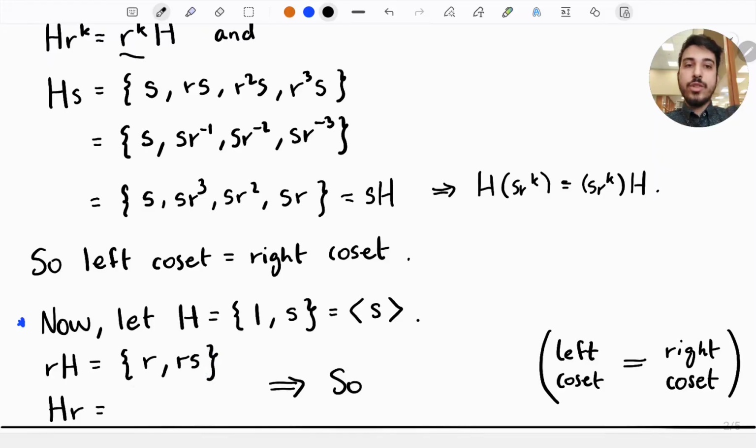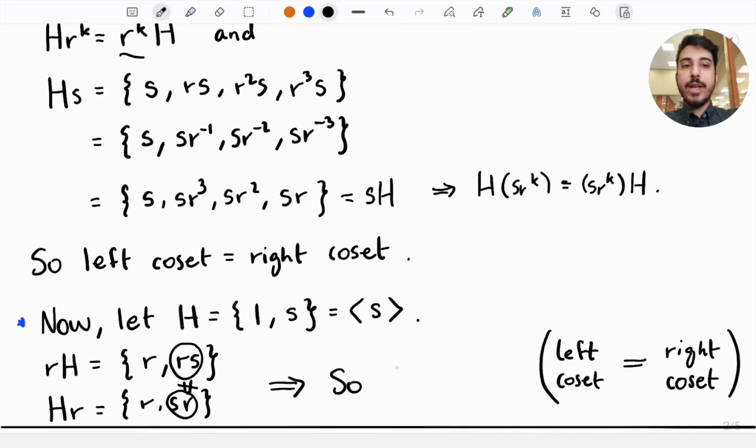And similarly, HR would be the multiplication from the right by R, which is R and SR. Okay, but note that RS and SR are not equal. In fact, RS is equal to SR to the power minus 1, and that is not equal to SR unless n is equal to 1, which is not the case here.